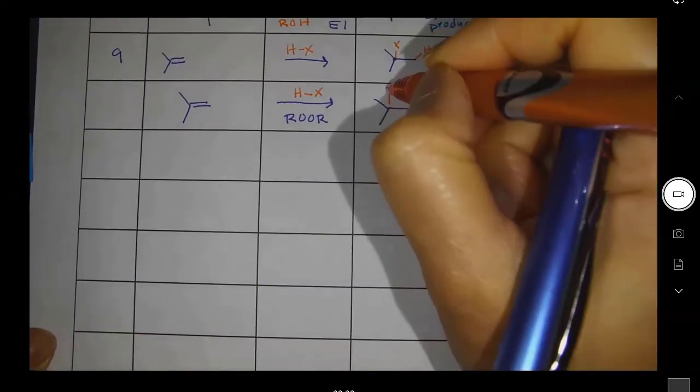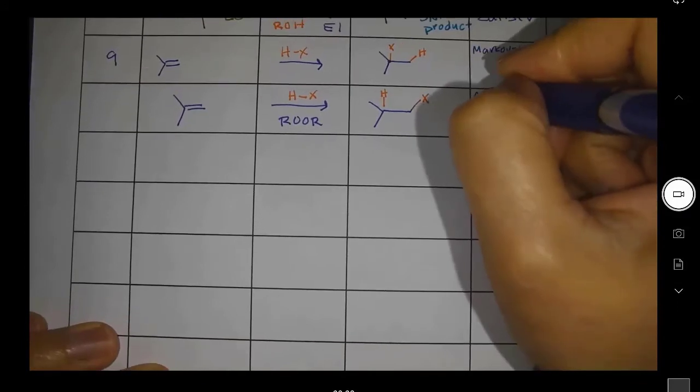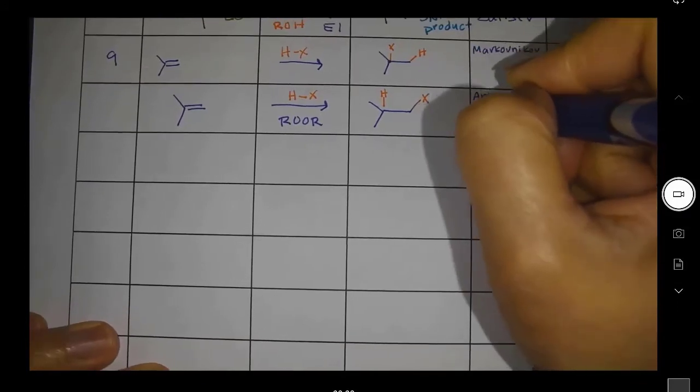So we have H over here. It's not necessary to draw the hydrogens in. I'm just drawing them here to show you where they go, in case you were wondering what happened to them. So this is the anti-Markovnikov.